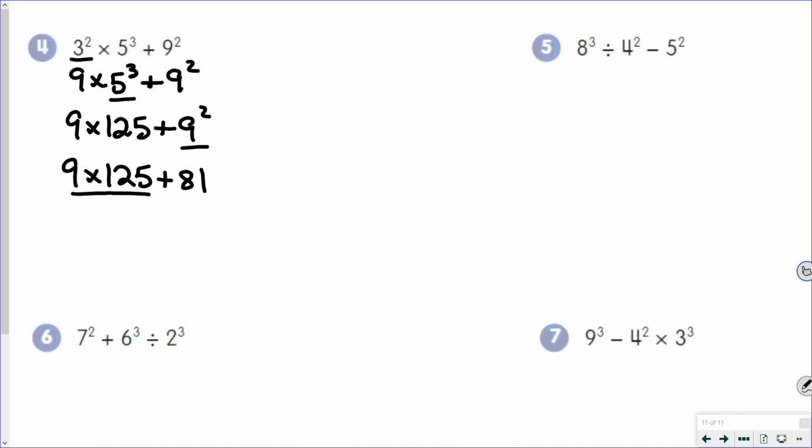So I'm going to take 9 times 125. 9 times 5 is 45. 9 times 2 is 18. Plus 4 is 22. 9 times 1 is 9. Plus 2 is 11. So I have 1,125 plus 81, which is 1,206.